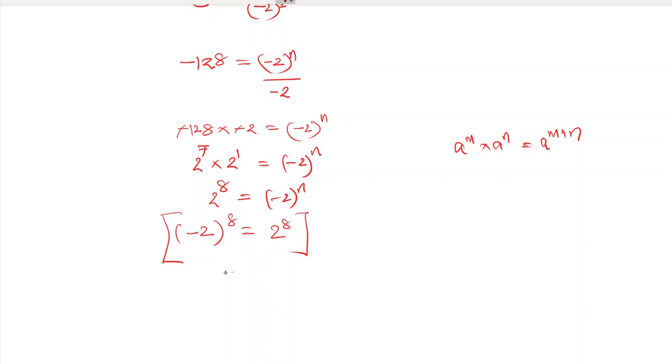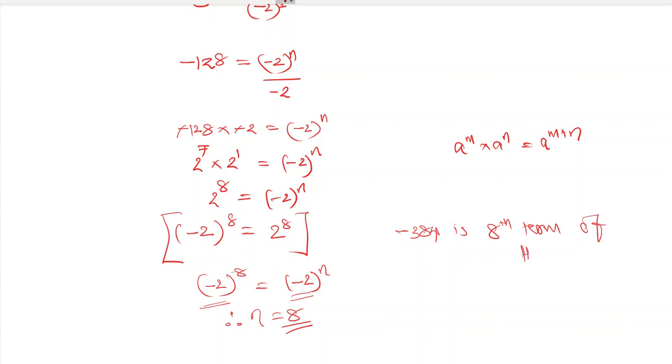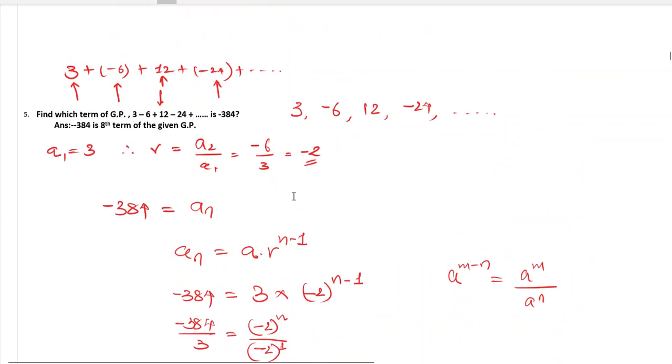So can I write 2 raised to 8 as minus 2 raised to 8, and here I've got minus 2 raised to n, and therefore since the bases are same, the powers will also be same. So n is equal to 8, right? So the final answer will be minus 384 is the 8th term of the GP.